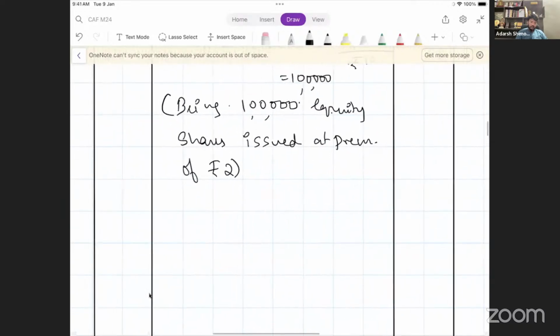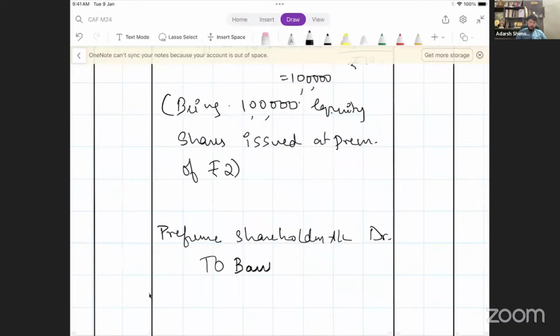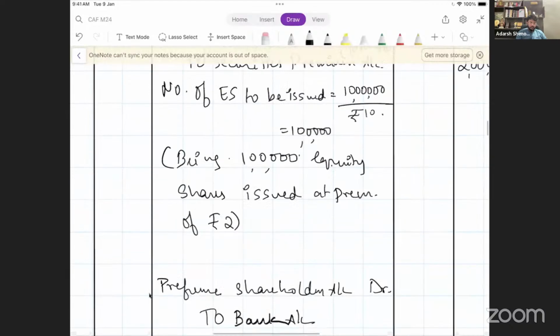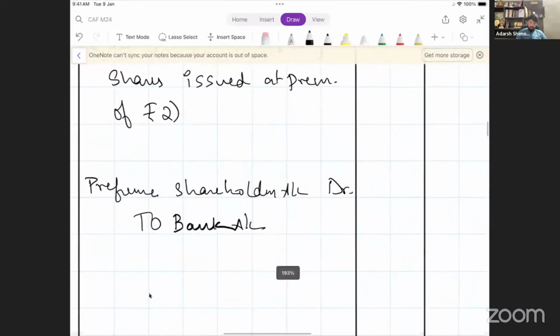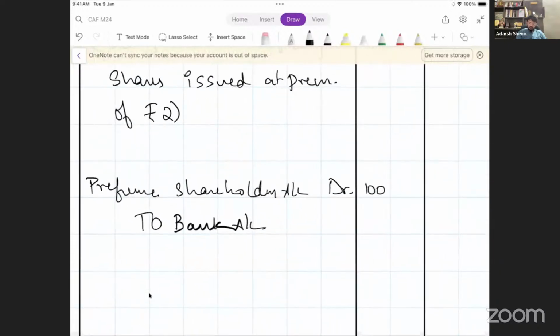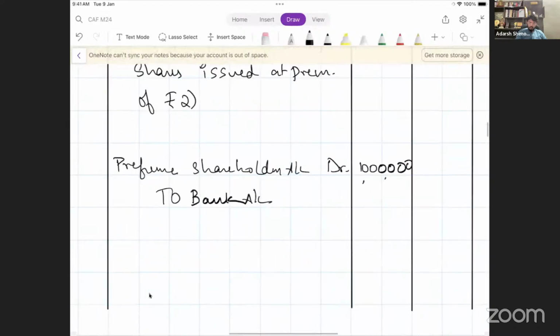Done. Last entry is to repay the capital, that is directly preference shareholders account debit to bank account. How much to pay the preference shareholders? How much money should we give to the preference shareholders? 10 lakhs has to be paid.